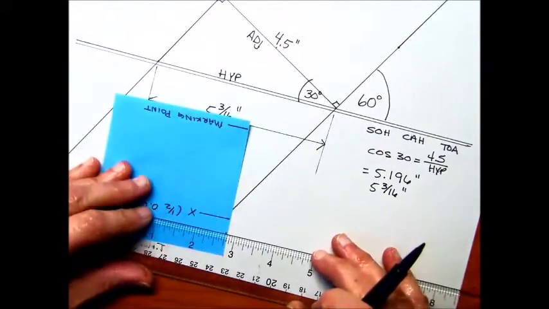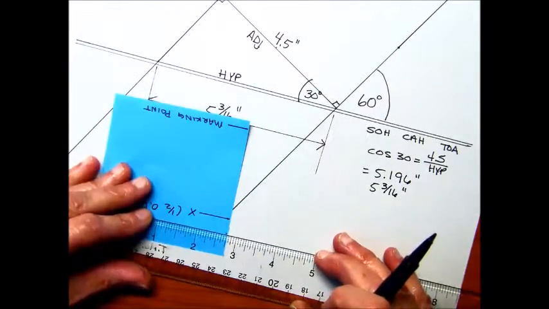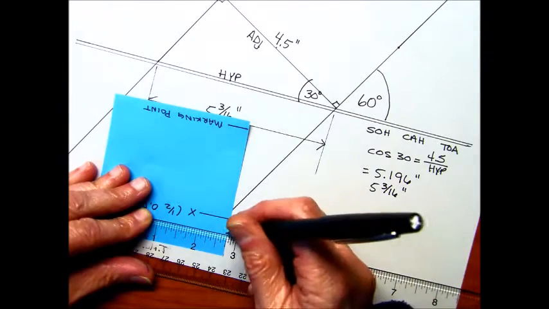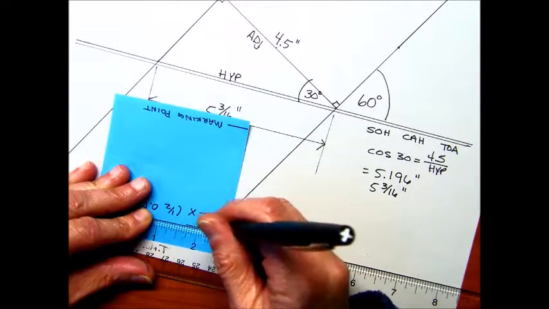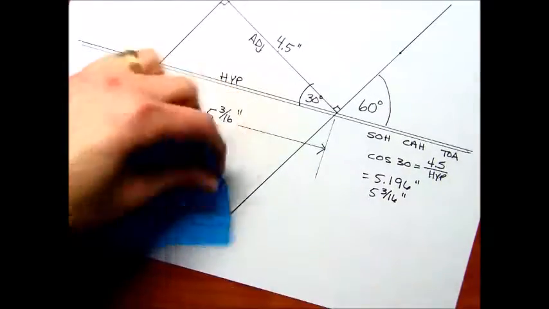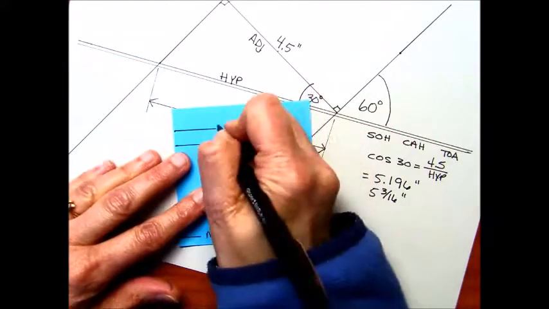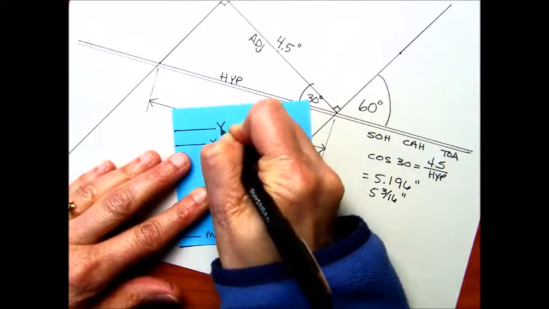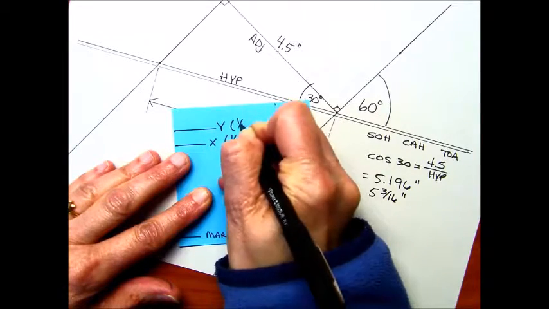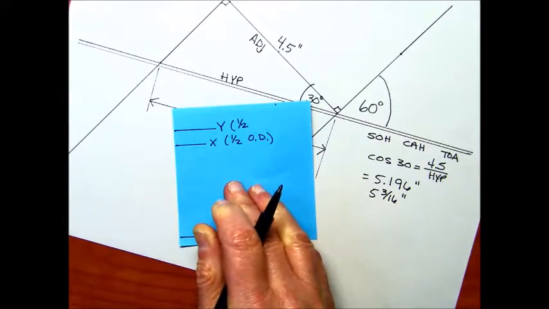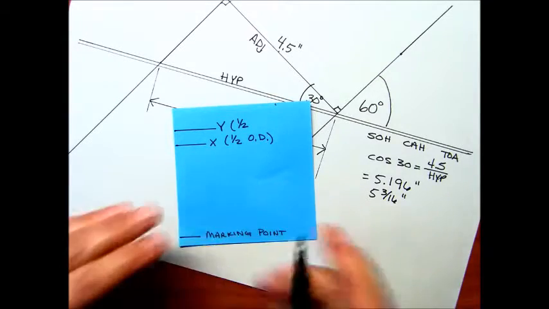So we're going to make another line that's perpendicular to the edge, and we're going to call this Y. And this is going to be half of the hypotenuse.